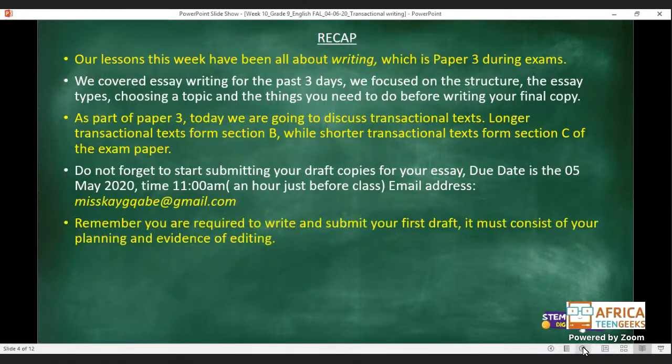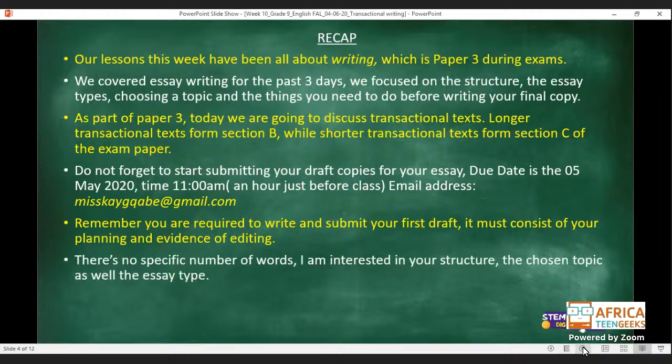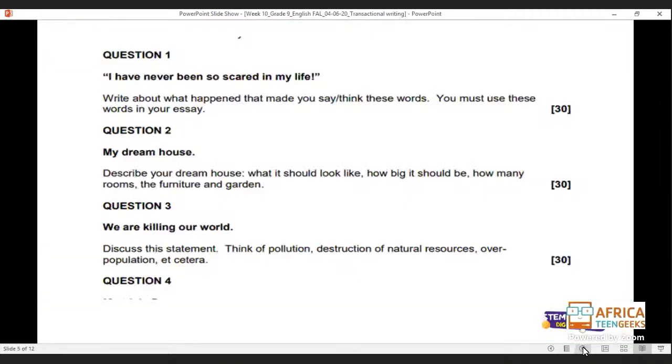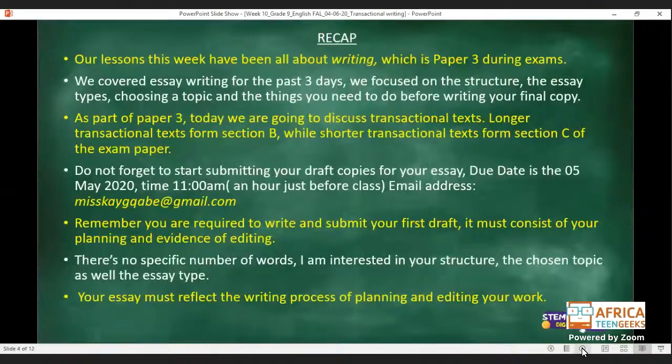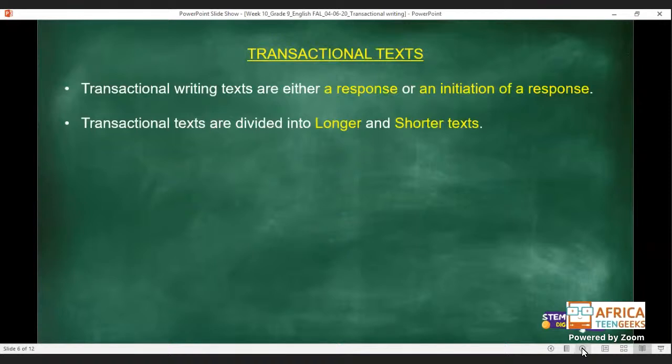Remember, you're required to write and submit your first draft. Okay, so you've already covered this, so we're not going to look at it. Okay, so today we're talking about diary entries. Just another quick question.